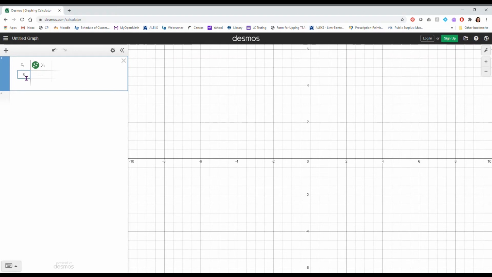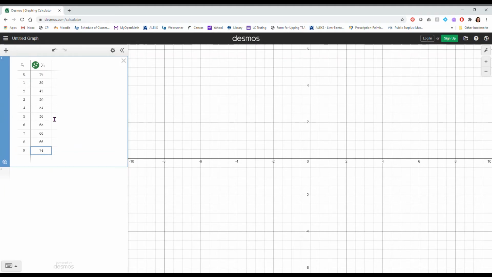So the first data point is 0, 38, and then I hit tab, 1, 39, 2, 43, 3, 50, etc., 4, 54, 5, 56, 6, 65, 7, 66, 8, 66, 9, 74.